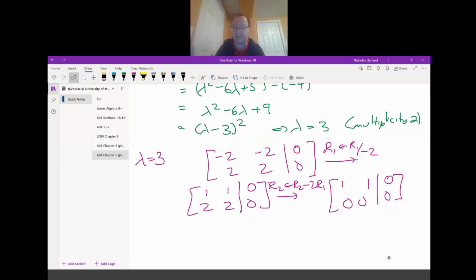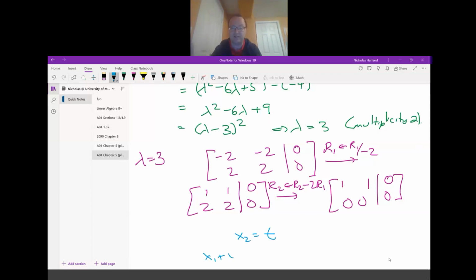So what are our eigenvectors? How do we find our eigenvectors? How do we find our eigenspace? That's certainly the answer. How do we get that? Sure. We get, careful here, we have a column without a leading one. There is a 1 there, but it's not a leading one. So whether you call it y, I'll stay consistent with my x1, x2, but there's nothing wrong with doing x and y.